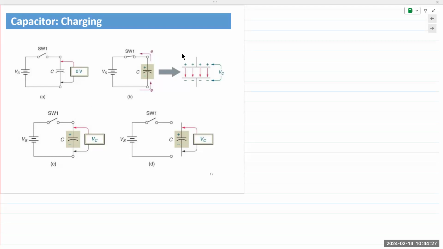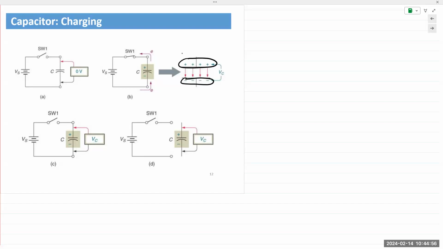If an electron moves away, it leaves behind an excess positive charge. On the other side, the negative end of the voltage source repels the electrons in the wire, and the electrons build up on the other side of the capacitor plate. And so you have a buildup of positive charges on one side of the plate and negative charges on the other side.